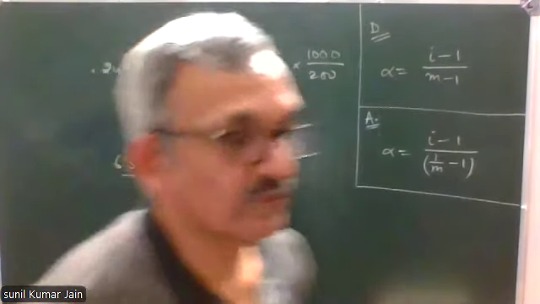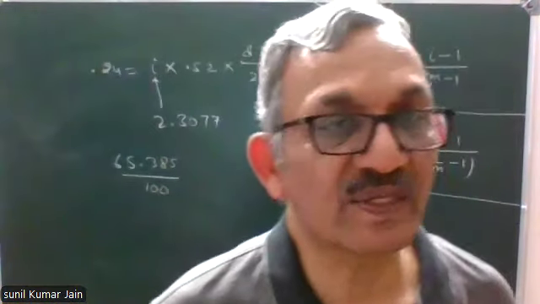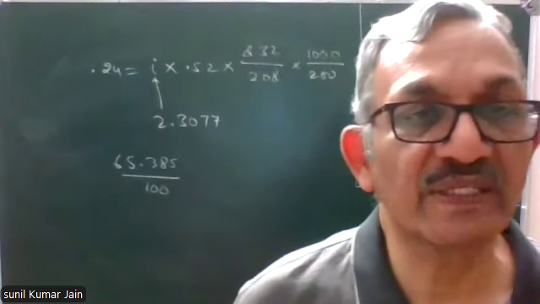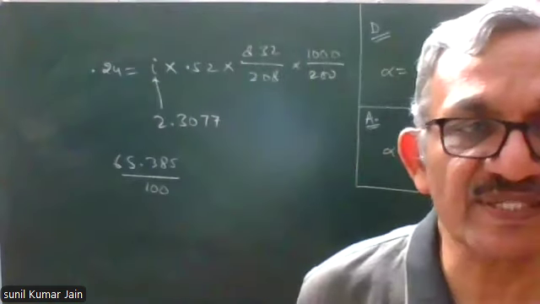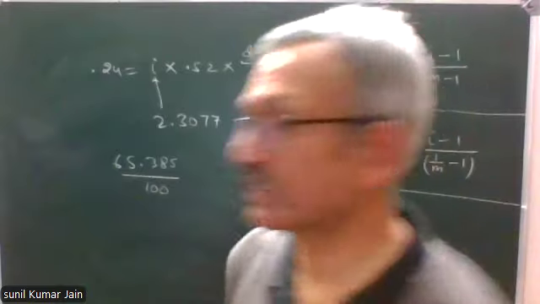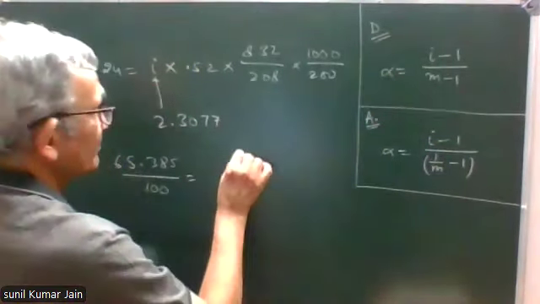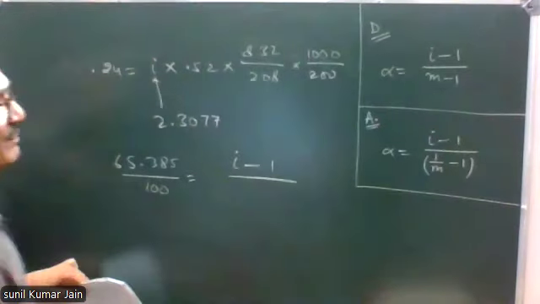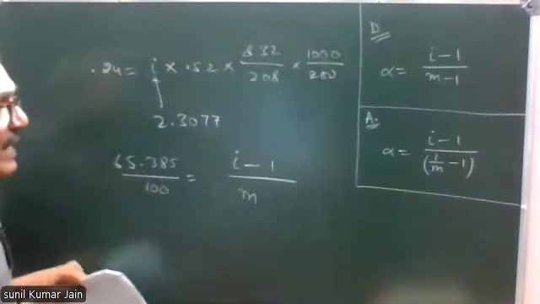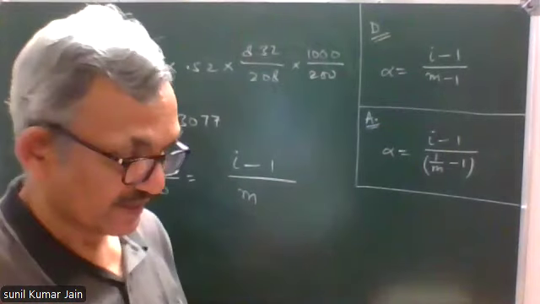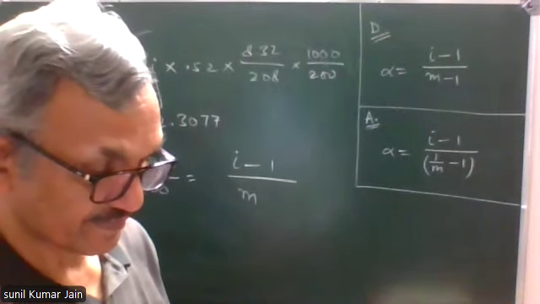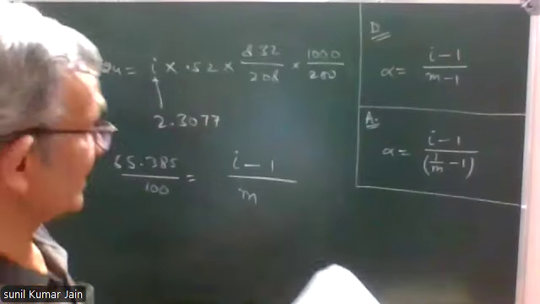If you remember, I told you alpha will always be less than 1. So this was given in terms of percentage. So alpha is 65.385 divided by 100, equal to I minus 1 divided by M. M we have to calculate.